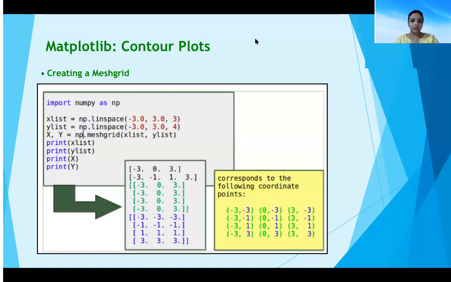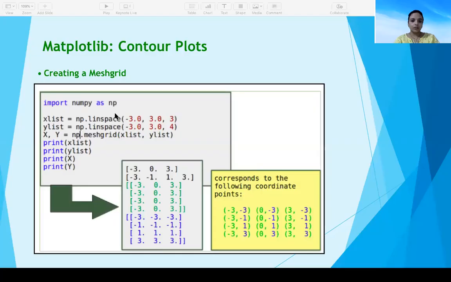In this example, a numpy array is created containing three equally distributed points from -1 to 3, that is -1, 1 and 3, and stored in the X list. The second numpy array contains four equally distributed points between -3 and 3, that is -3, -1, 1 and 3, and stored in the Y list.